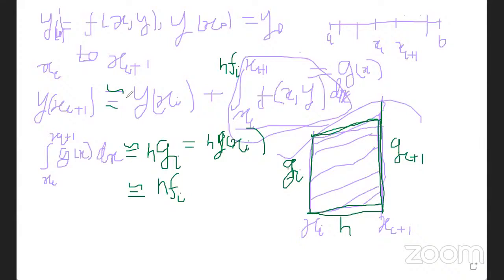So what should we do? Let us assume the equal sign, or we can make another notation rather than y at xi plus 1. I calculate the right hand side, y at xi plus h fi, and whatever I get, I denote by yi plus 1.